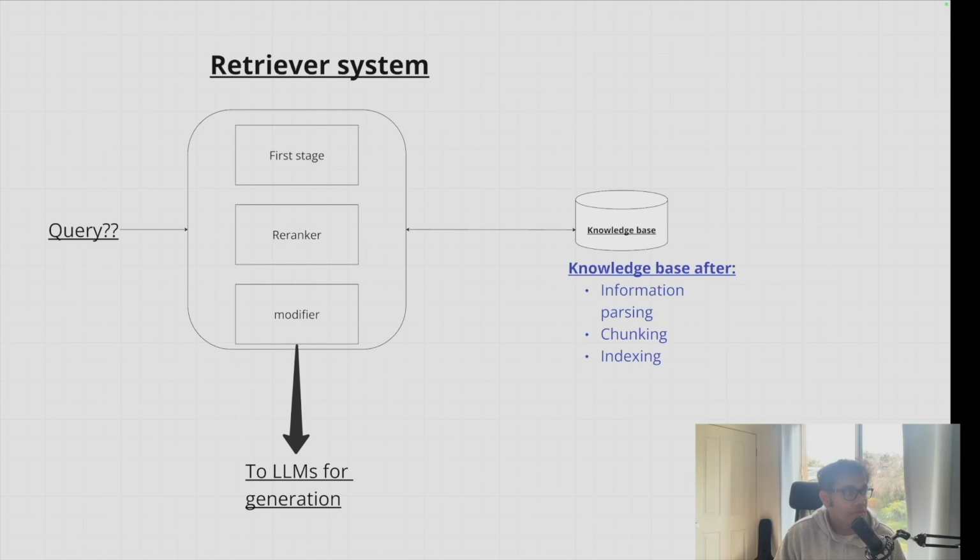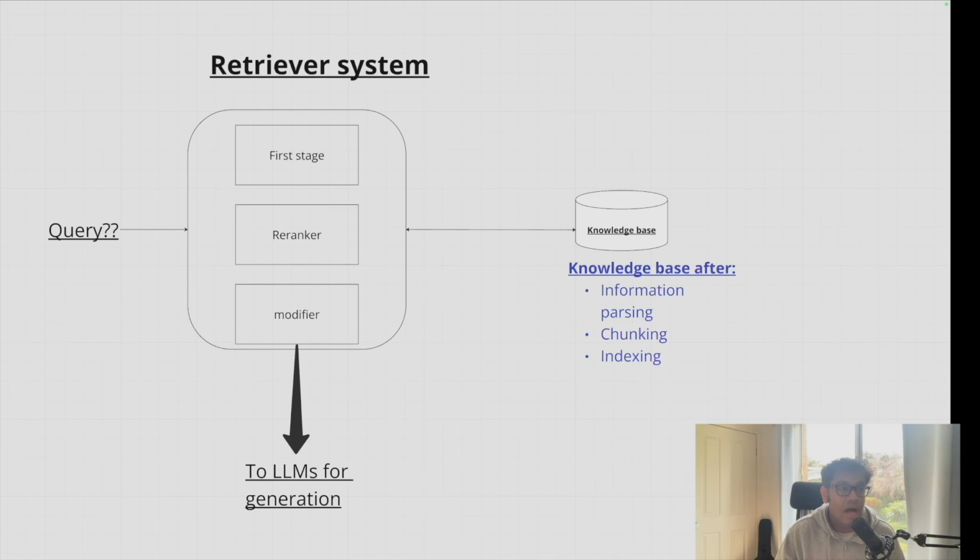Now this information hits the backend of the retriever system, which in essence has three main blocks, which I've mentioned here. There is a first stage, there is a re-ranker, and there is a modifier. All of these three together help us get the correct information or the correct context that's needed for the corresponding query which a user is trying to answer.